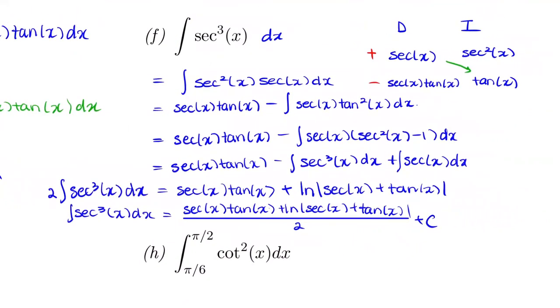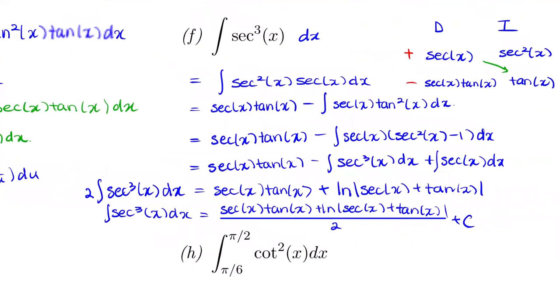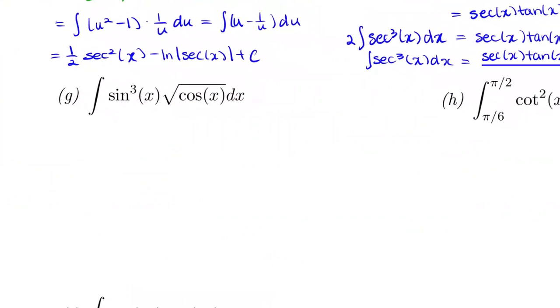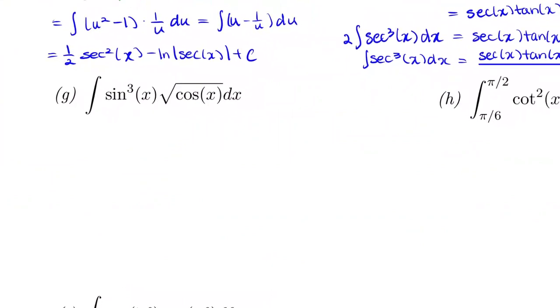All right. So for part G, we have something that looks a little bit odd here. Well, not too bad though, because we have a trigonometric integral where this could be any number, and we have that m here is going to be the odd part.